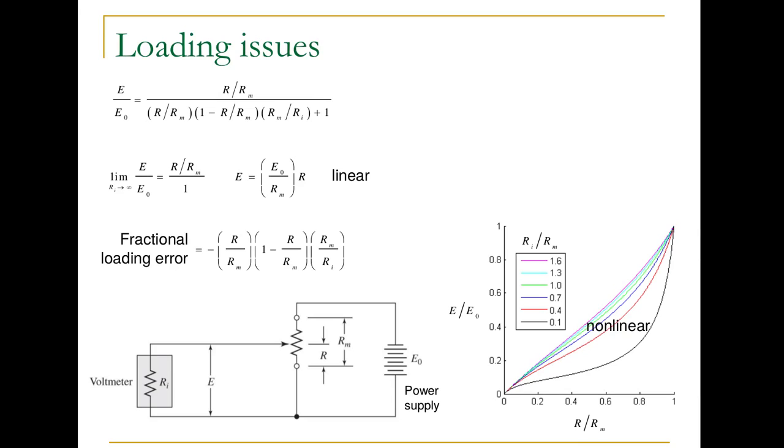And one thing that we'll notice, and it's also shown in this plot, is that at the ends of the scale, when R becomes either 0 or equal to Rm, then the fractional loading error goes to 0. So the effect of the voltmeter's non-infinite resistance becomes less and less as we get closer to the ends of the scale here.